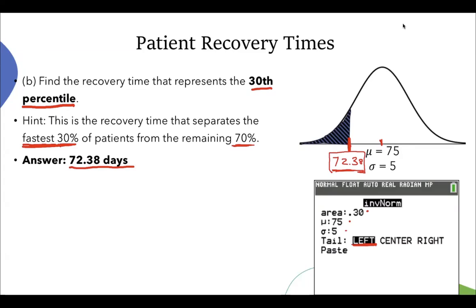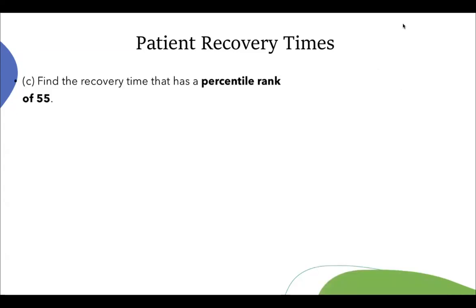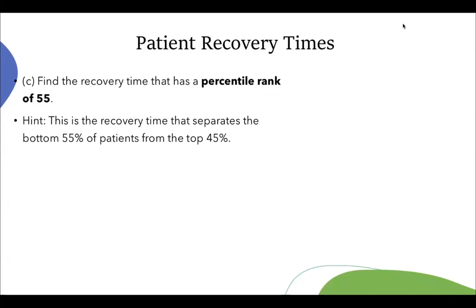Now let's do the percentile rank of 55 in the same way. Percentile rank of 55 is also known as the 55th percentile or the bottom 55%. So bottom 55% separates that group from the top 45%.